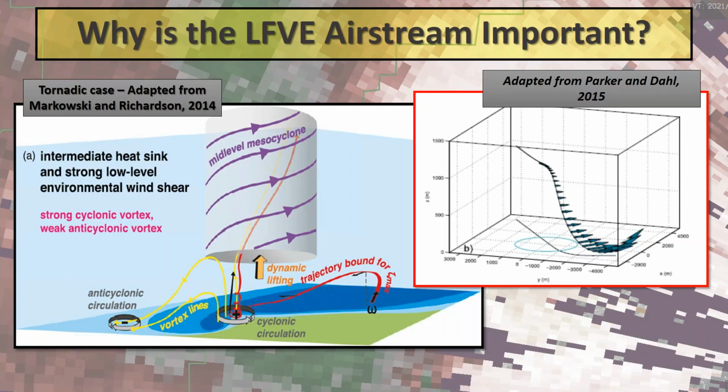And then the little insert there from Parker and Dahl 2015 looks at how this trajectory descends as it moves towards the hook echo region, and then turns and converges under the low-level mesocyclone.